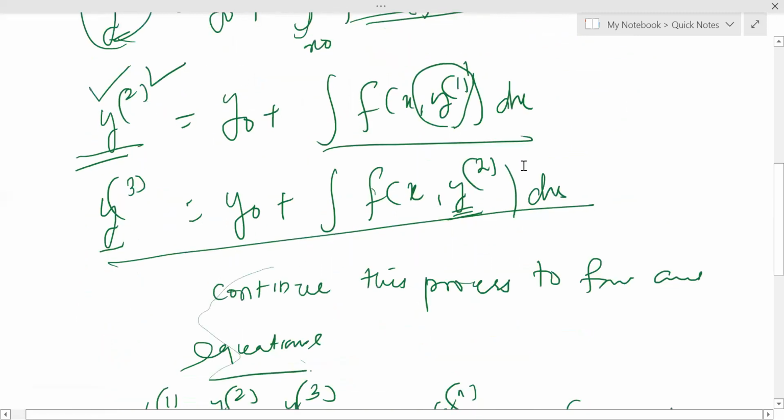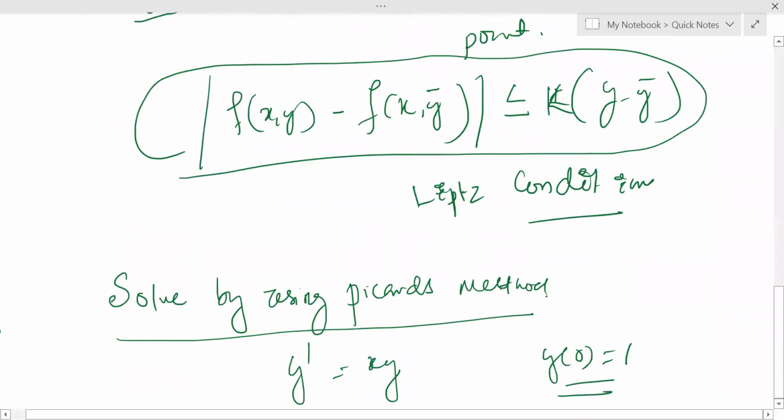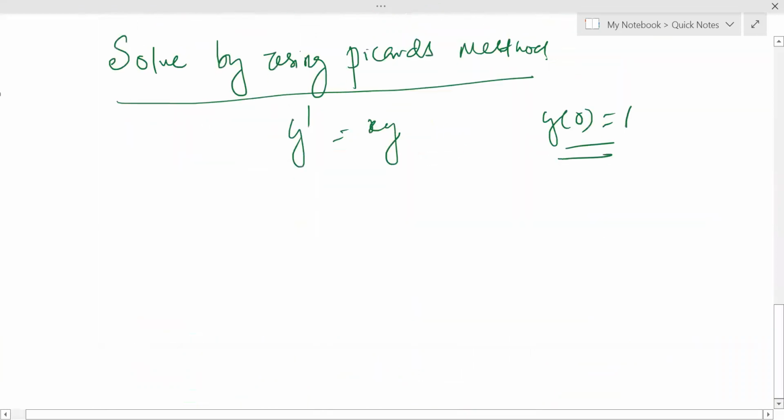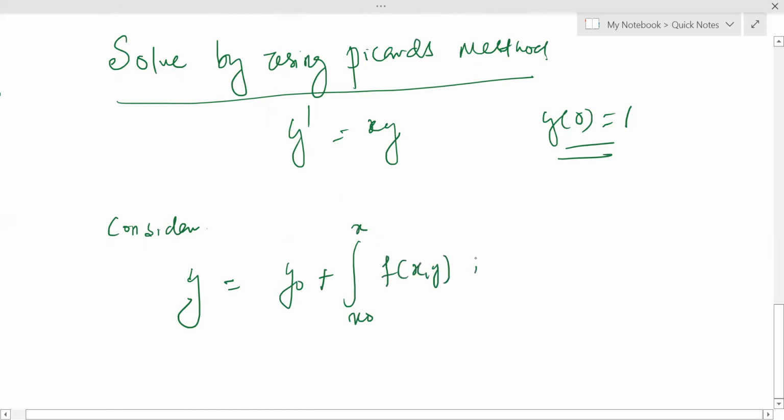So first we can write that function. Consider y is equal to y0 plus integration of x0 to x f of x, y dx.